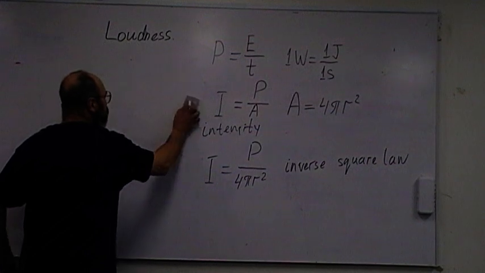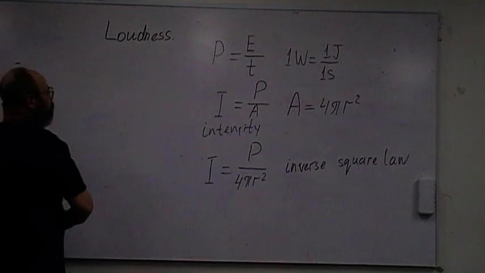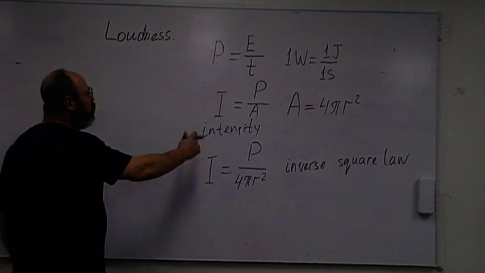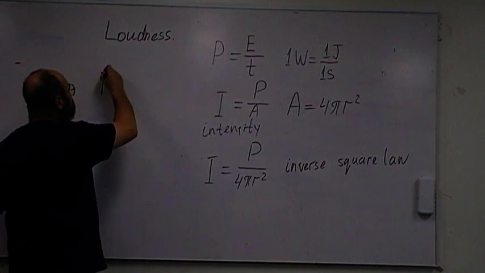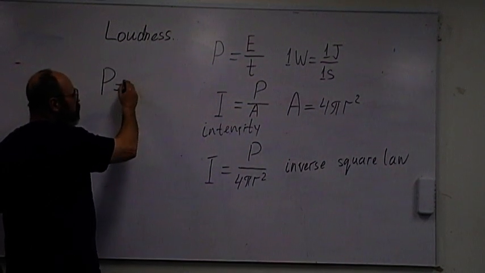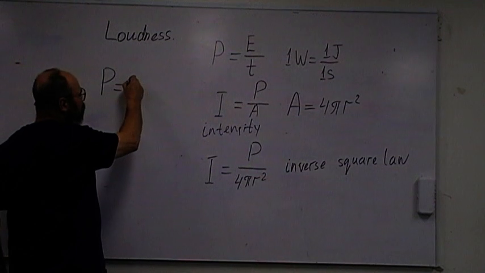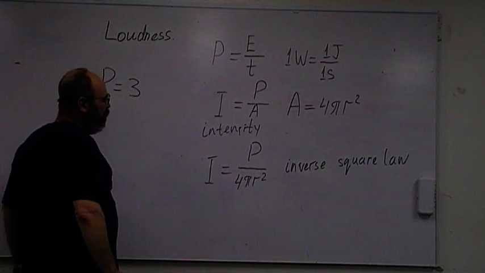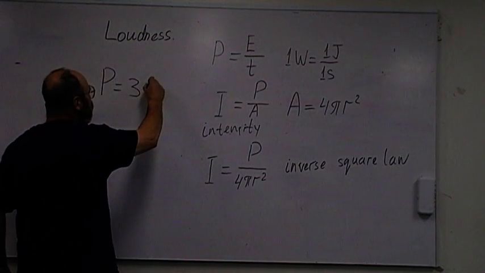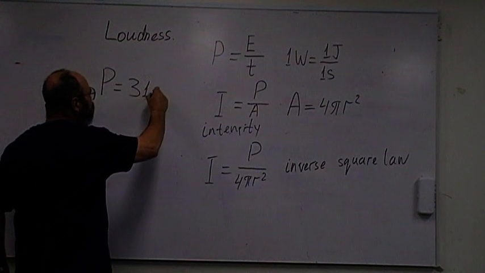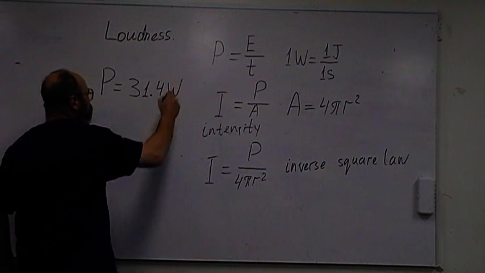So let's say we have sound intensity. The power of the sound source is, let's say, 31.4 watts.